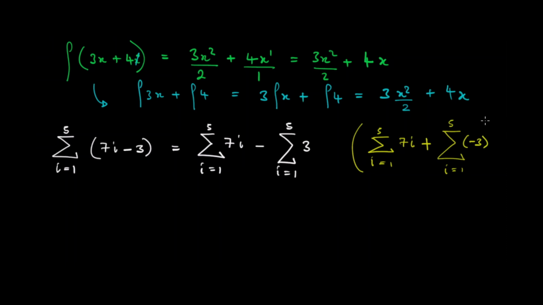Zvine the same effect, and I think we are going to solve this kuti tiprove zvatiri kutaura. So kana yadai so, how best are we going to solve it? This is going to be equal to 7 ungati muende so kuyevachi 7 summation i equals 1 to 5 of i, then minus this i equals 1 to 5 of 3.